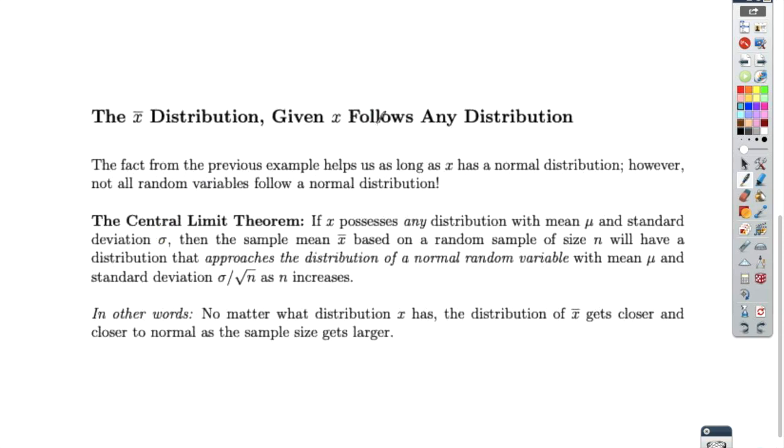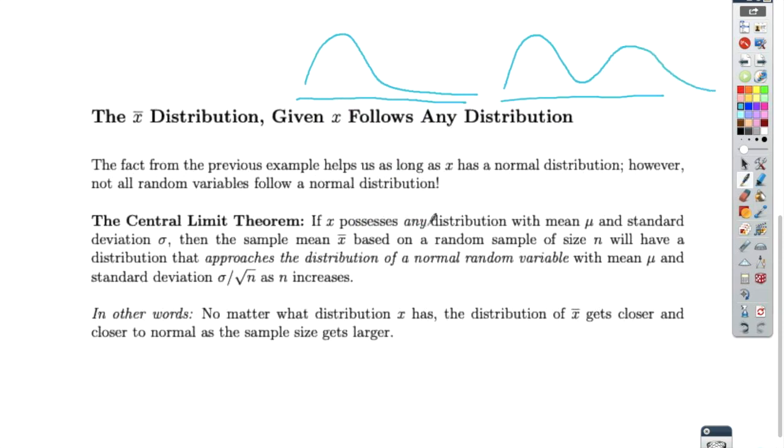So if x follows any distribution at all, and what I mean by that is it could have a whole lot of skew, it could be bimodal, something like that, but it doesn't have to be normal.